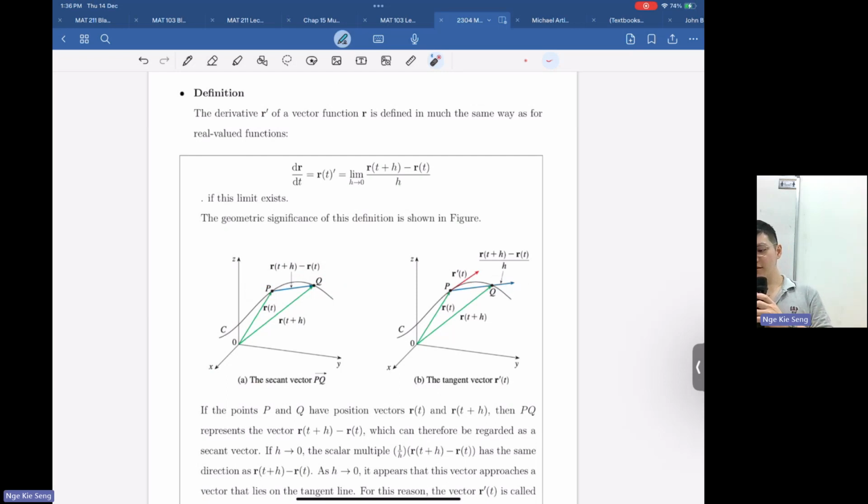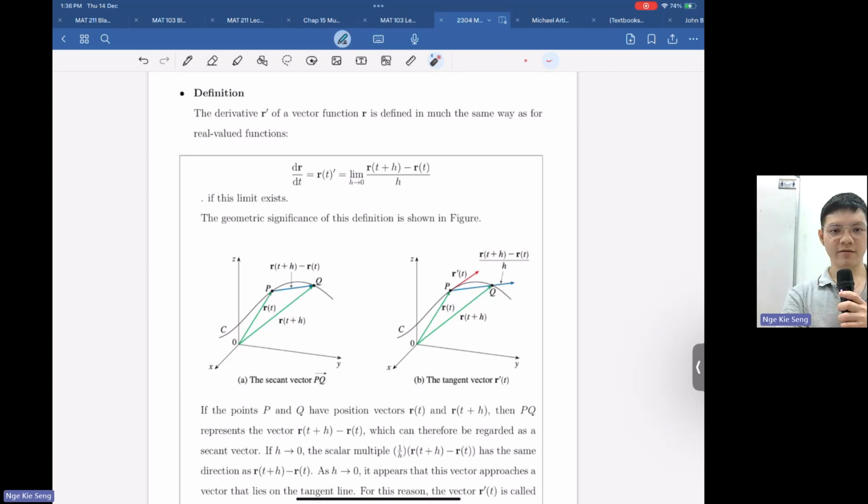This secant is now given by this resultant vector, r(t+h) minus r(t). These two vectors give you the secant vector. Then you see how the secant vector changes as you get closer and closer to P, and this vector r prime(t) is exactly the tangent vector.